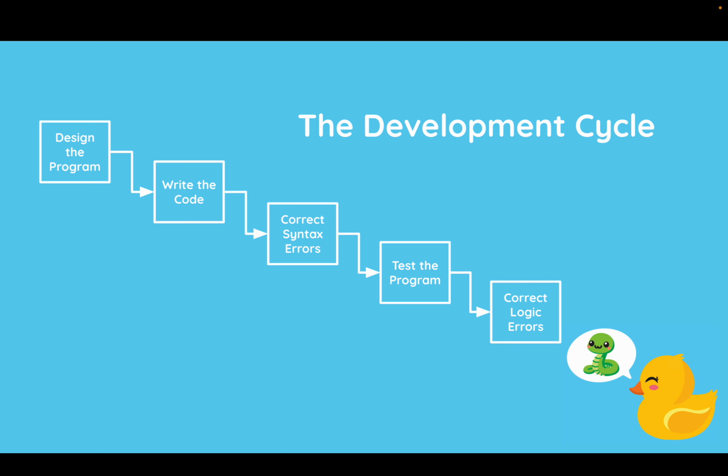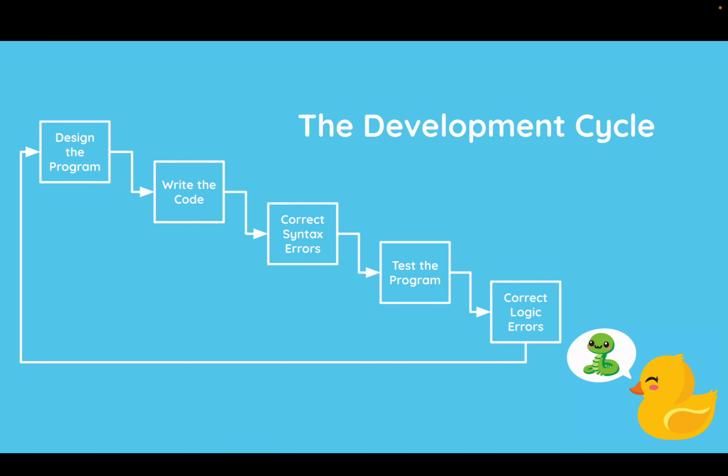These lines look pretty linear on this flow, but you actually go between the pieces several times in the process. You might write a little bit of code, correct syntax errors, test that little bit of code, correct logic errors for that piece of your program, and then go back to writing code. So there could be a lot of other little arrows showing cycles here.